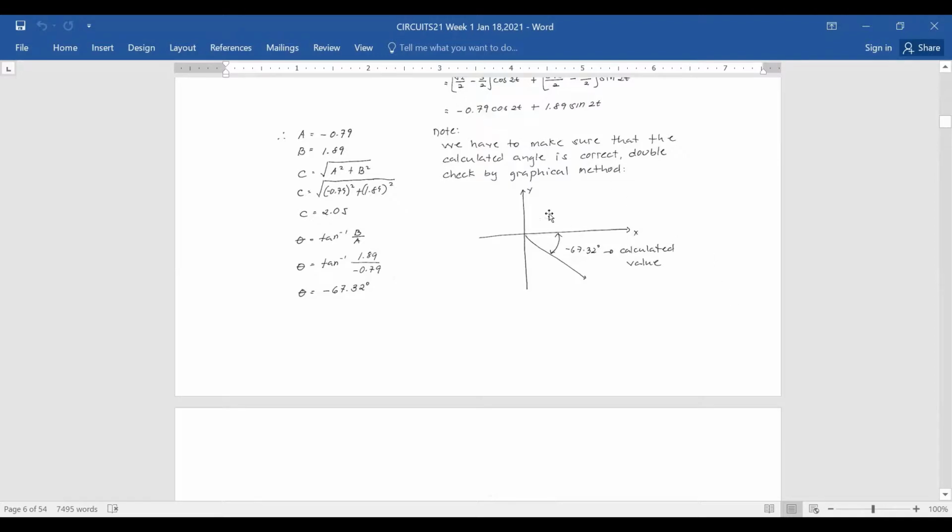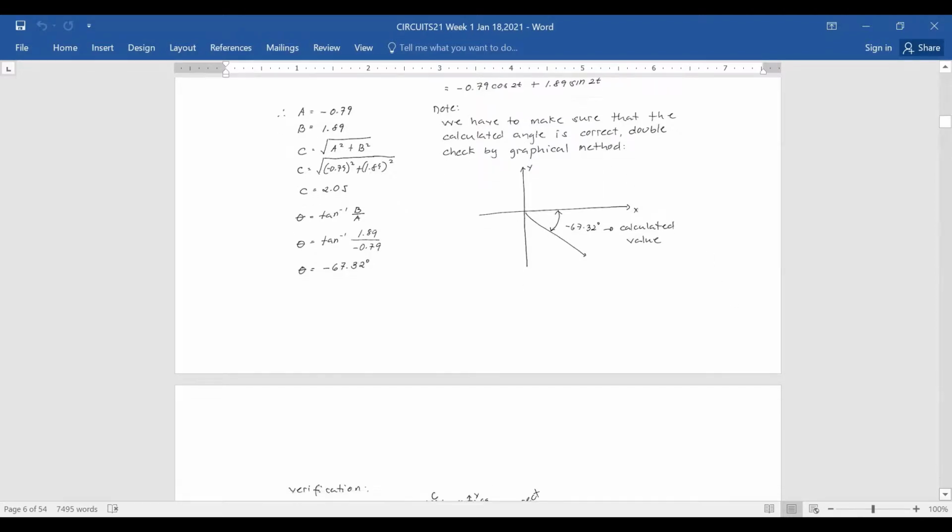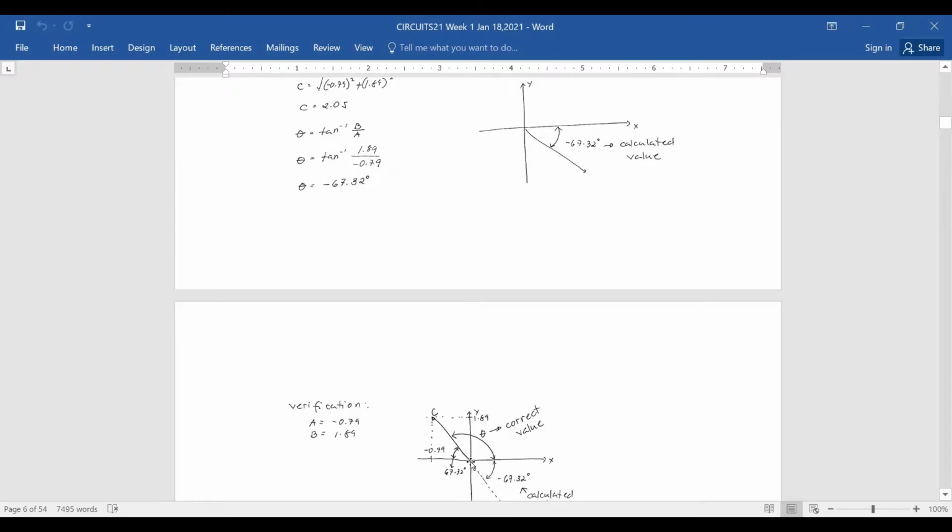So if we draw this in our Argand diagram, it must be located here, because it is negative and it has a function of cosine. Since it is a cosine function, it is located along the x-axis. Since it has a negative magnitude, that means it's located on the negative x-axis.